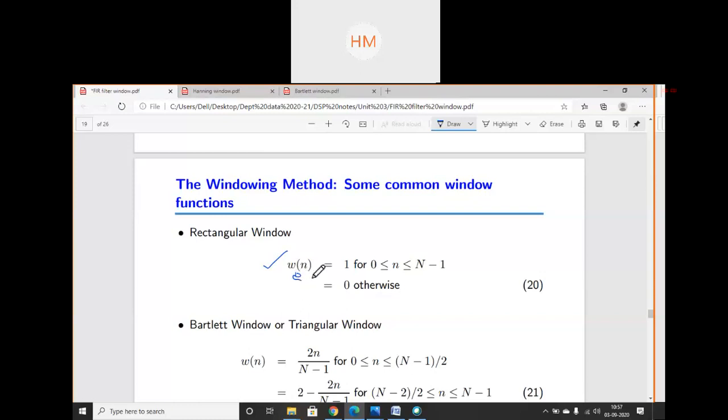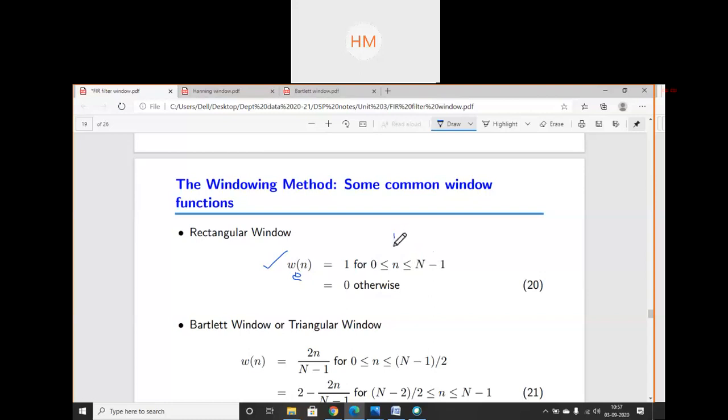So what is this rectangular window function? It has a speciality that w of n is equal to 1 for this limit from 0 to N minus 1. N is the filter length. If it is given as 8, 8 minus 1 will be 7. So the limit for n is 0 to 7. So the rectangular window function will be 1 for that limit, otherwise it's 0.